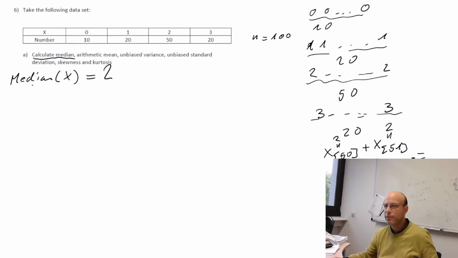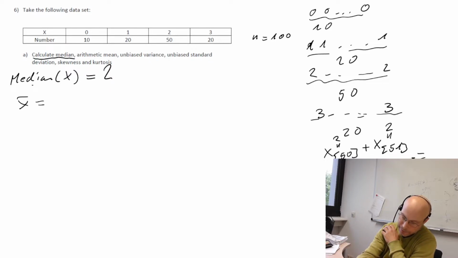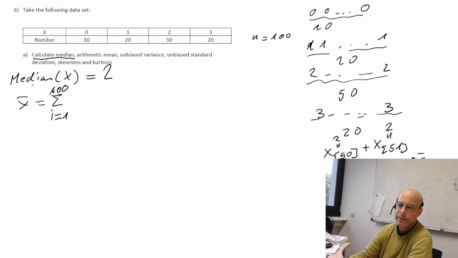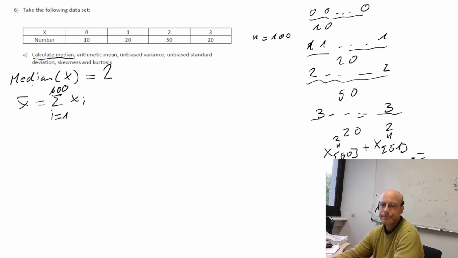What is the arithmetic mean of this distribution? X bar is the sum over i from 1, in our case up to 100, over all xi's.